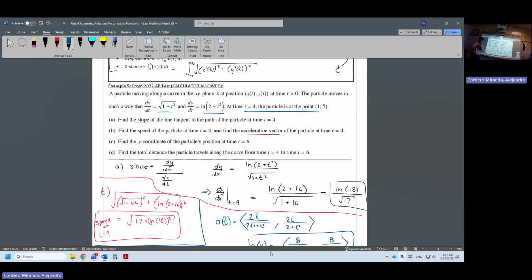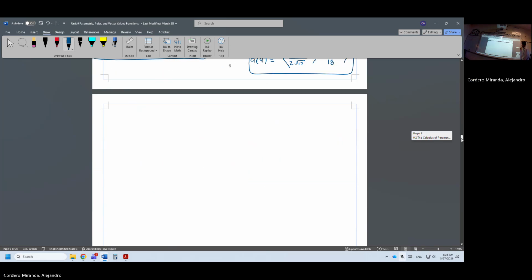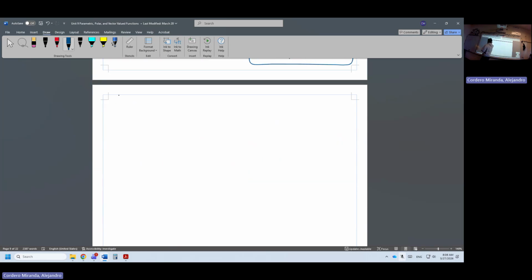So before I give you hints, do you guys have ideas on how to find the y coordinate at 6? Let me write some stuff that I need up here. You guys have this page blank too, I think, so you don't have to squeeze it all into one page.